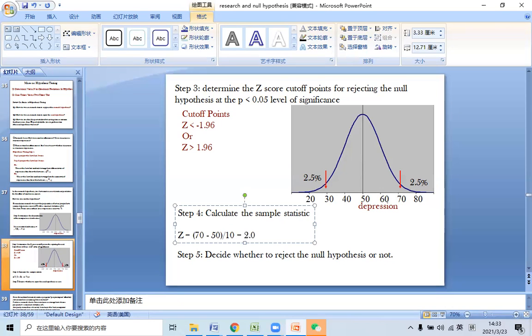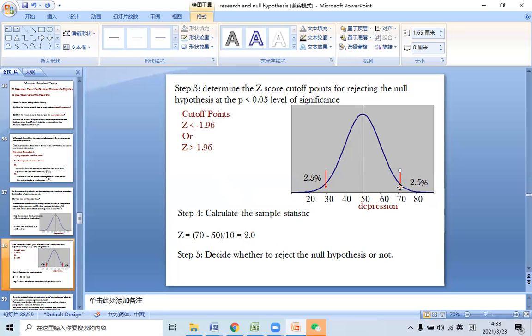So you are 2 standard deviations above the mean. Your z-score is larger than 1.96. It is more extreme than the cutoff.